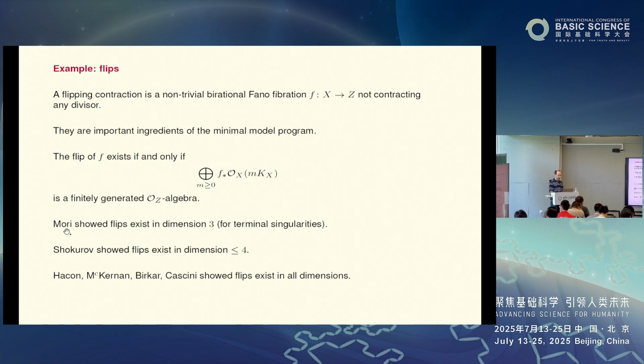And in dimension 3, Mori first proved this for terminal singularities, and later on, Shokurov extended that to more general singularities and also extended to dimension 4. And based on these works, then other people, Hacon, McKernan, myself, Cascini, we show these flips in every dimension. So that gives us one of the main ingredients of the minimal model program.